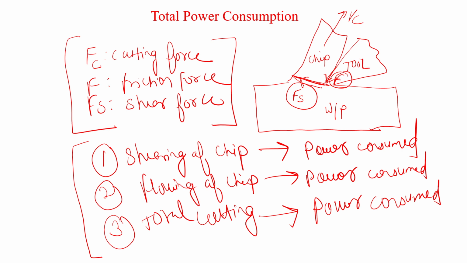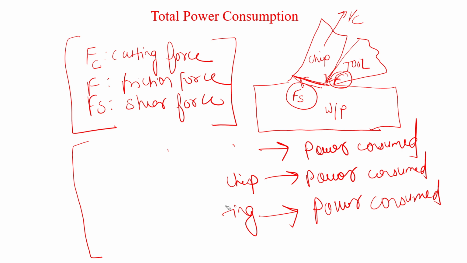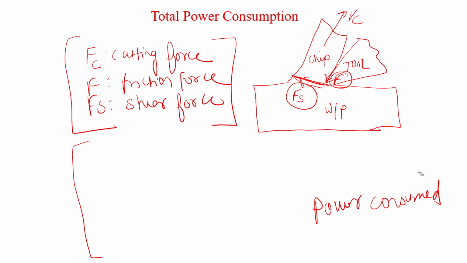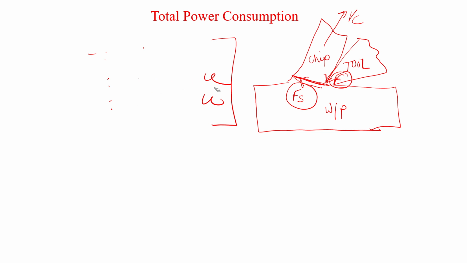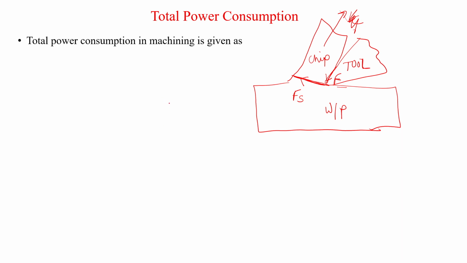Now we'll see how this power is calculated. See, total power consumption in the machine is given by Fc into V, right?